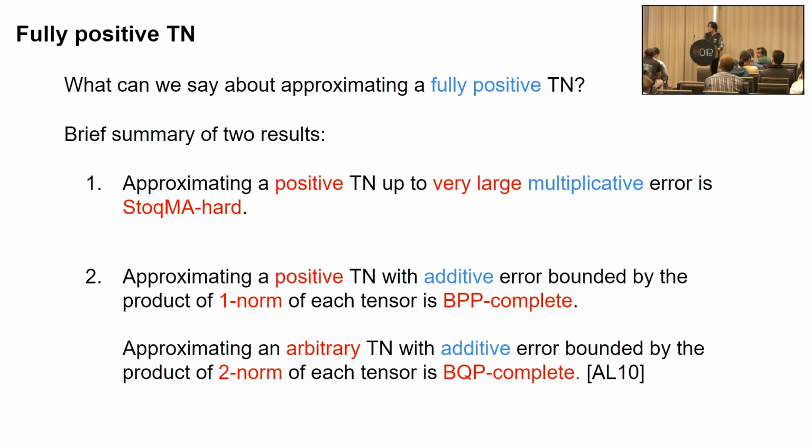As a new application, maybe. Yeah, I would say the algorithm itself doesn't need randomness. It can be applied to whatever tensor network we want. But if we want to prove some guarantees, we have to consider the randomness. I'm not sure if there's any application in your setting, but this algorithm can be applied. Okay, thank you.